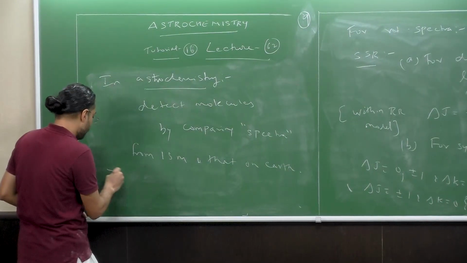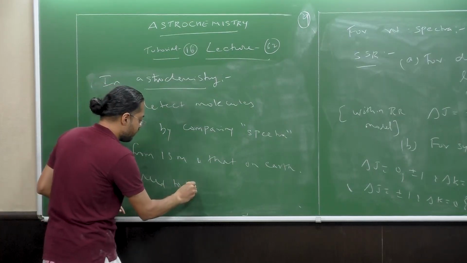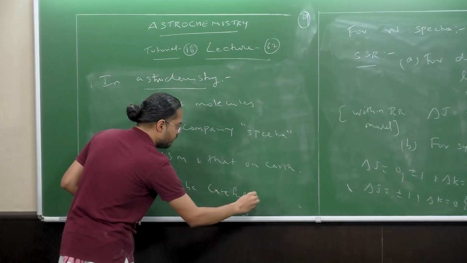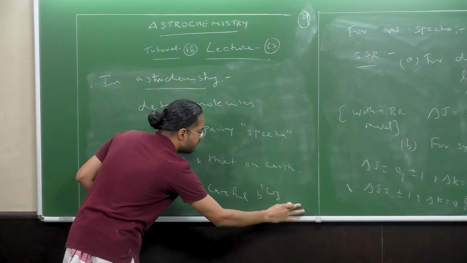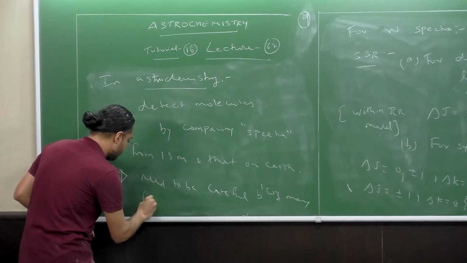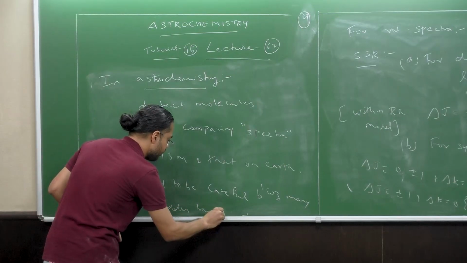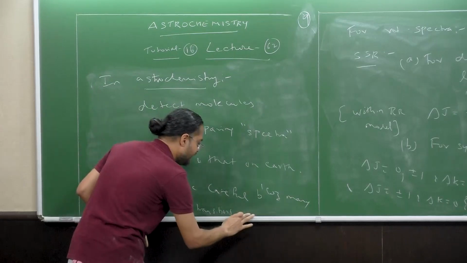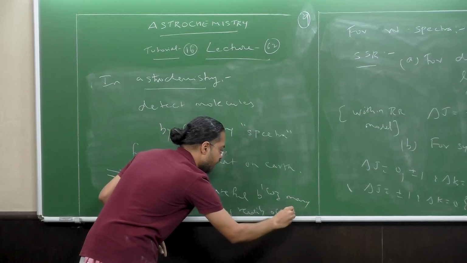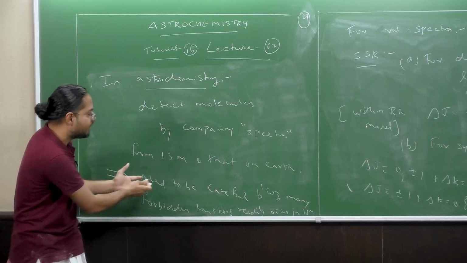So which implies we need to be careful because many forbidden transitions readily occur in ISM. I'm absolutely positive that you may not understand what's written here.